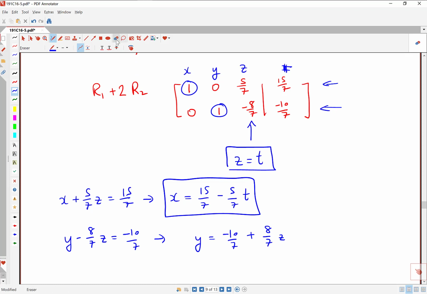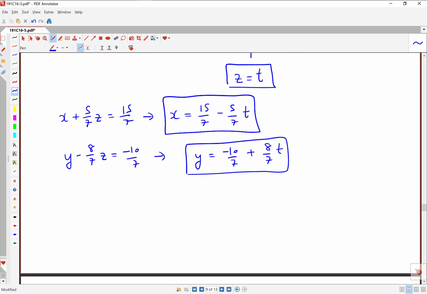And then for your final answer, instead of saying Z, just call that T. And that way we have our combination of X, Y, and Z values that are going to work. Often this will be written as an ordered triple. So you could say all the combinations of X, Y, and Z that are going to work will look like (15 over 7 minus 5 over 7t, negative 10 over 7 plus 8 over 7t, t).